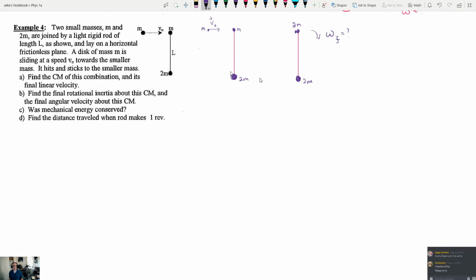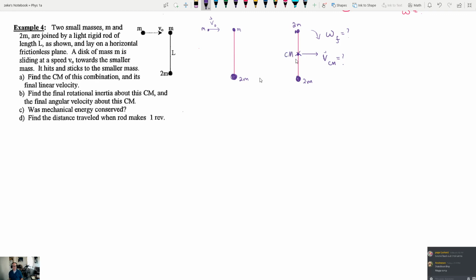But in addition, because this mass plus 2 mass plus the rod that's connecting them are not fixed in place, what's also going to happen is that the center of mass of the system is going to move to the right like this. And that is one of the things we want to calculate. The velocity of the center of mass. So this is going to be the center of mass.